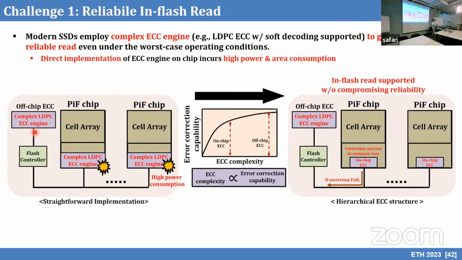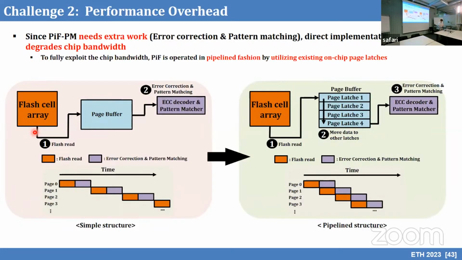So it is a two-mode ECC decoding. Obviously the performance improvement of this pattern matcher depends on how often you have to go out to decode data. So that's one challenge we solved.